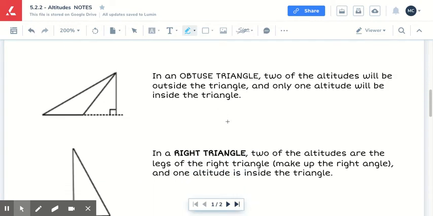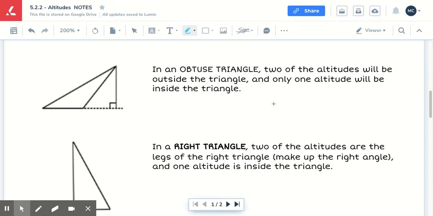If you have an obtuse triangle, 2 of the altitudes are going to be outside of the triangle and only 1 of them will be inside the triangle. So when you have this obtuse triangle here, this is the altitude from this vertex to the bottom side over here. The one from the obtuse angle to the other side is going to be the one that's inside of your triangle.